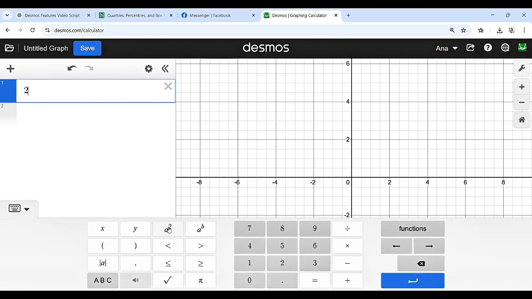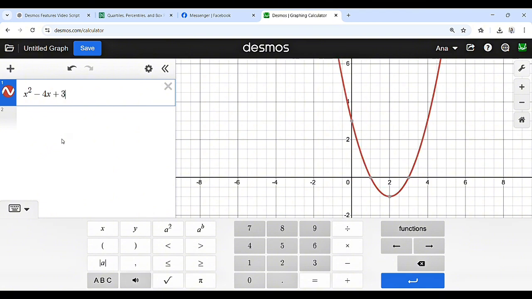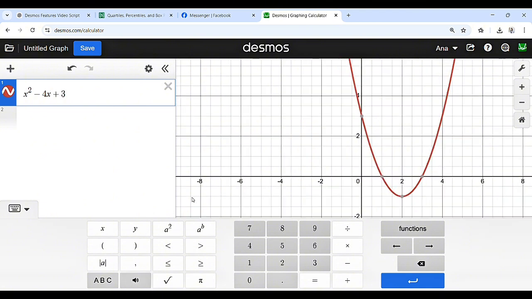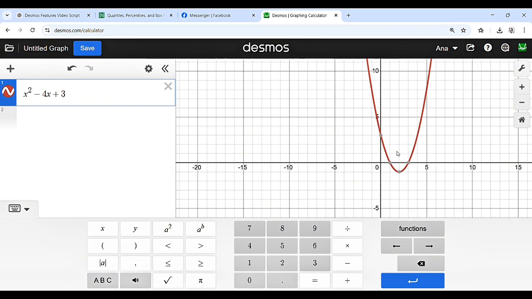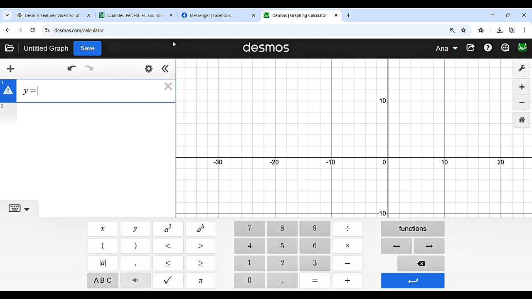For example, we want to know x squared minus 4x plus 3, and we can see here a parabola that's open upward.